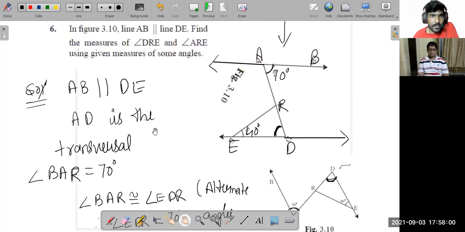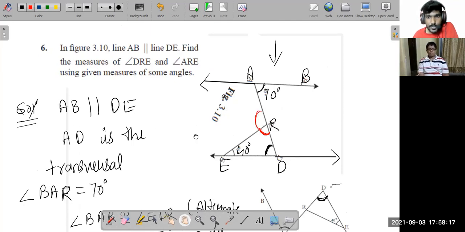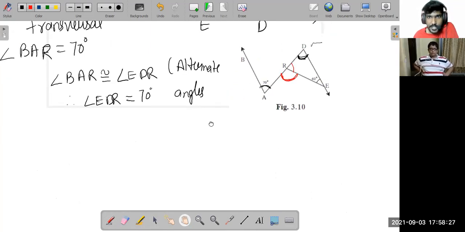What we have to find out, I'll mark in red, is angle DRE, that is this one here, and ARE, that is this one here. These two angles we have to find out, the ones marked in red.